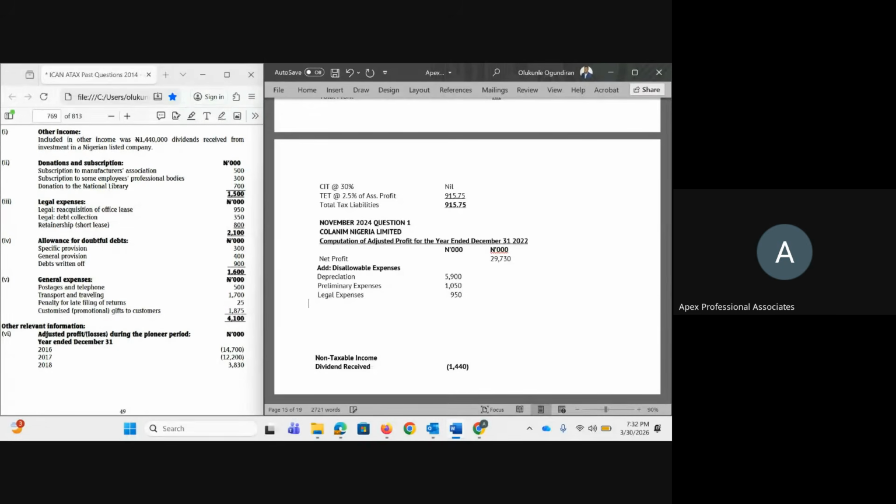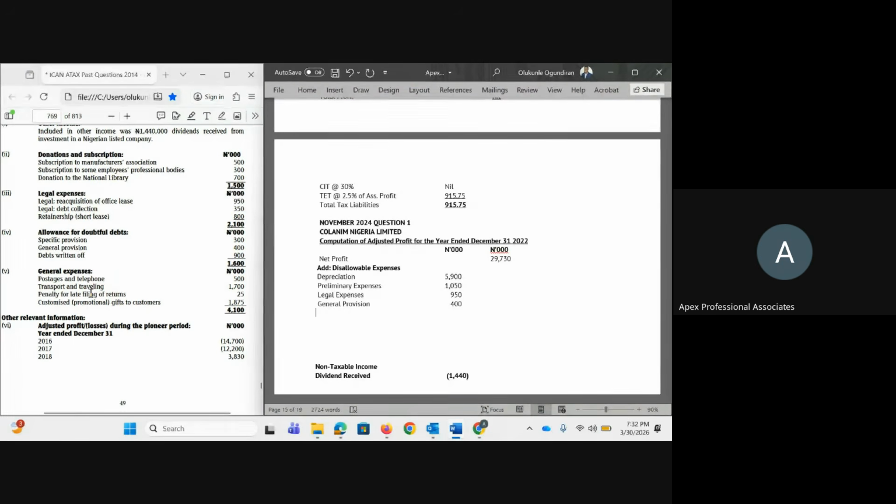So we say it is disallowed. Debt collection is allowed, short lease is allowed. Allowance for doubtful debt: specific provision is allowed, general provision is disallowed. How much is the general provision? 400. And bad debt written off is allowed.